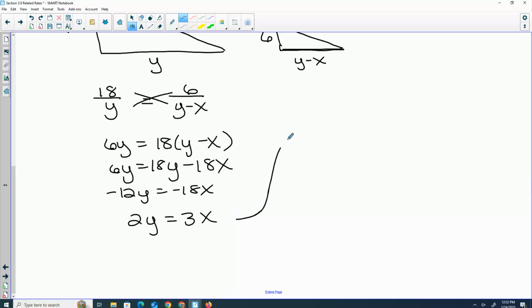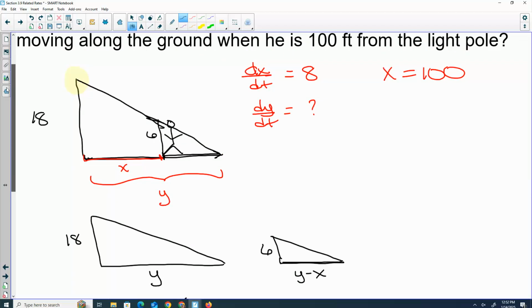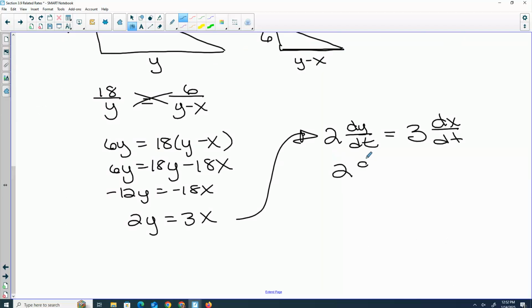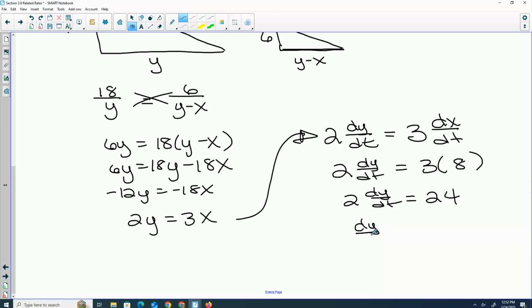Derivative of 2y would be 2 dy/dt equals 3 dx/dt. Right, dy/dt is what we're trying to find. dx/dt is 8. dy/dt is 12. What would my units be? Feet per second.